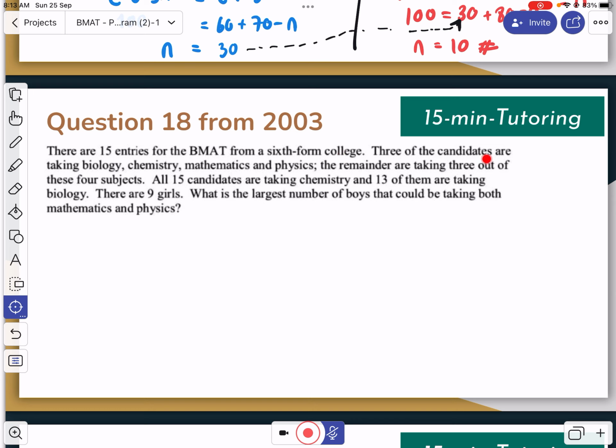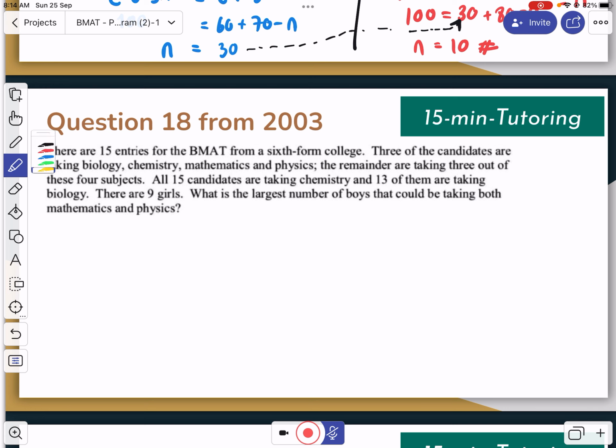We have 15 candidates in total, but 3 of them are taking bio, chem, math, and physics. And then the remainder are taking 3 out of 4 subjects.